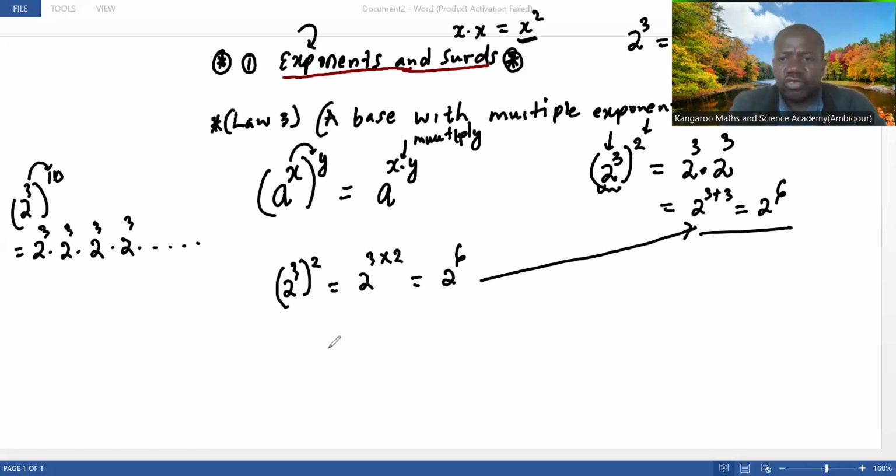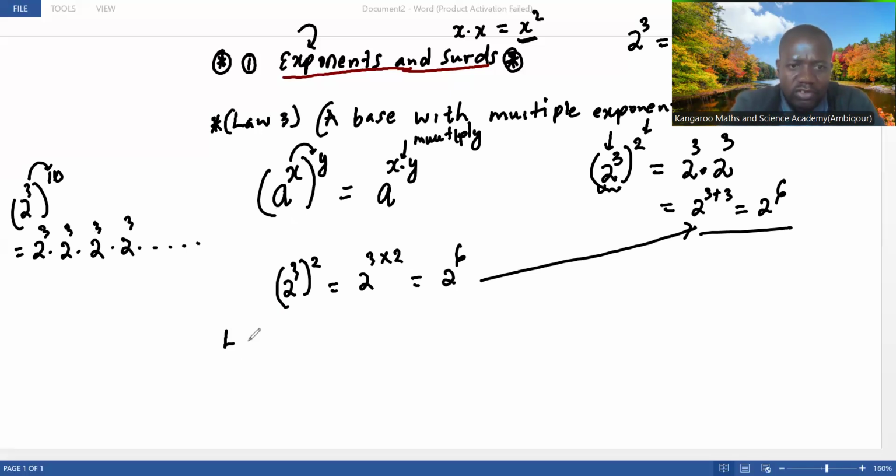Law 1, law 2, and law 3 are the key for maths. In sections like sequence and series, those were in grade 12. Sections like financial maths, even functions and graphs, somehow you need to know exponents. Very, very important.